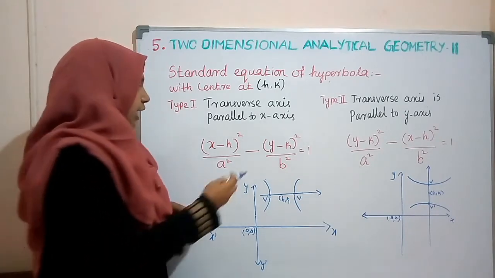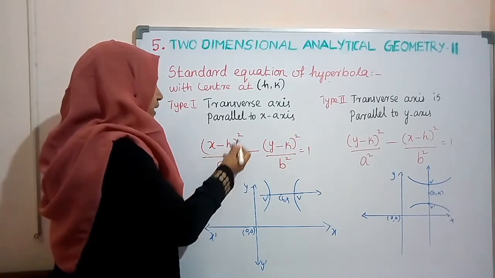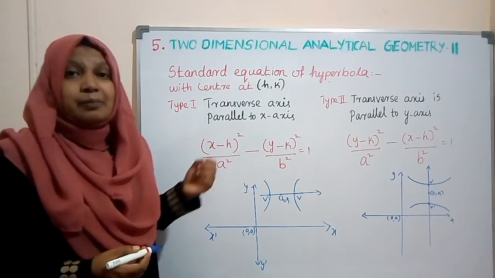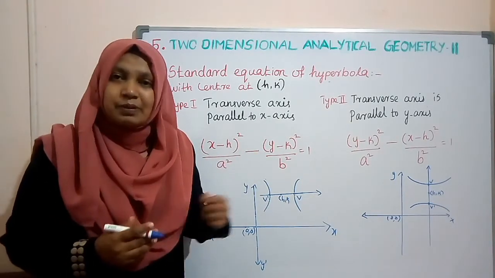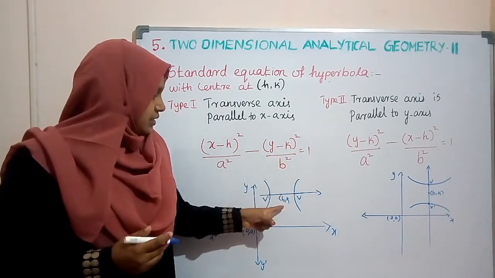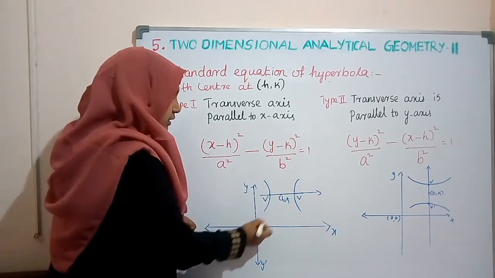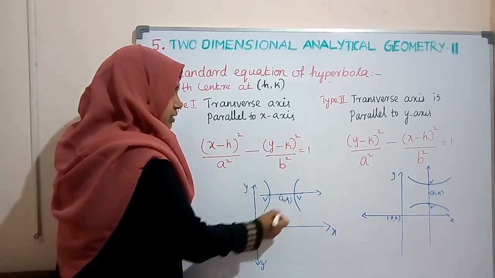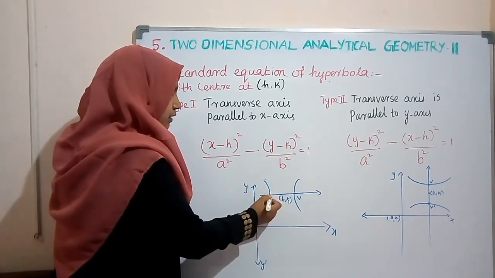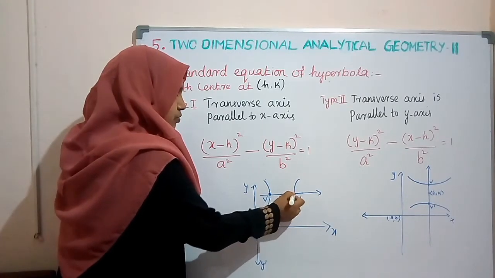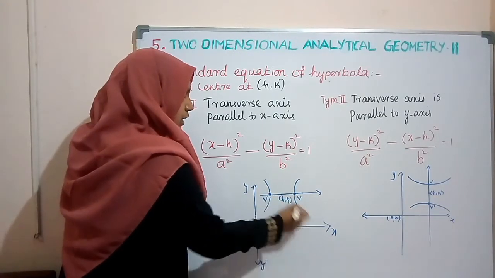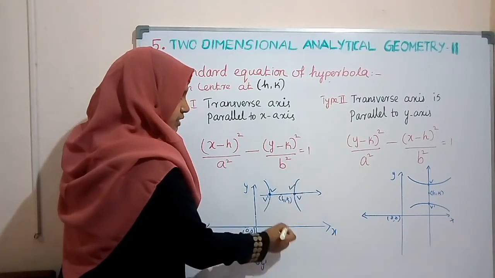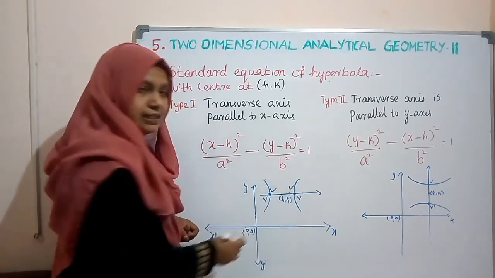Both are the same. Its equation is x minus h the whole square by a square minus y minus k the whole square by b square is equal to 1. See this diagram? I consider the center (h, k) in the first quadrant, and this V dash is the transverse axis, which is parallel to the x-axis.